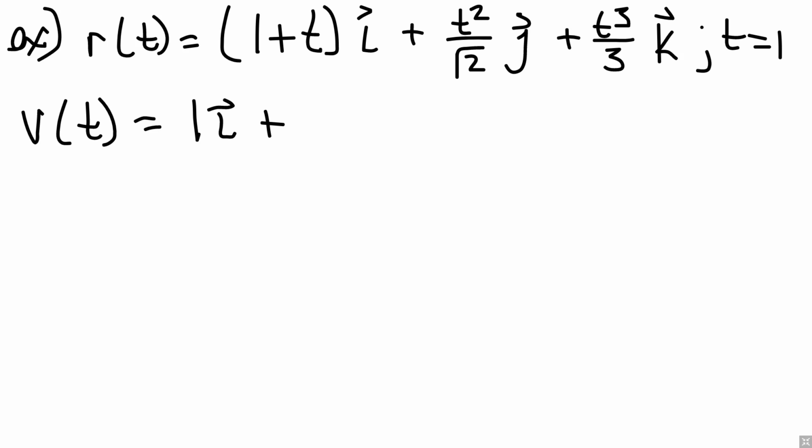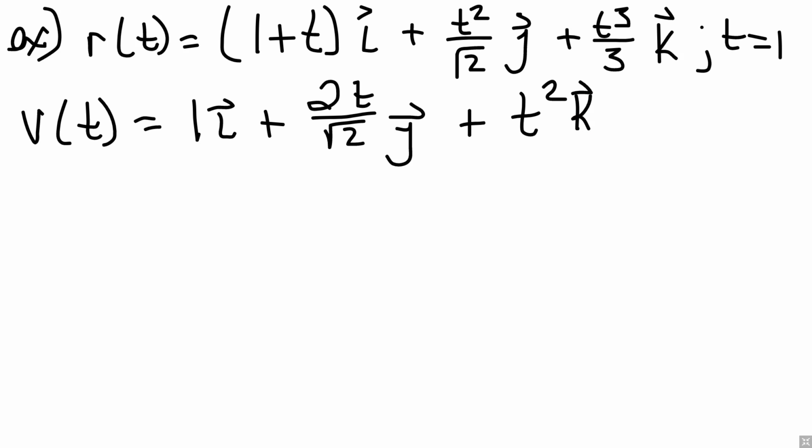So it's going to be 2t over the square root of 2 in the j direction. Plus, and what would the third component be? t squared. Yes. So it's just going to be t squared in the k direction.